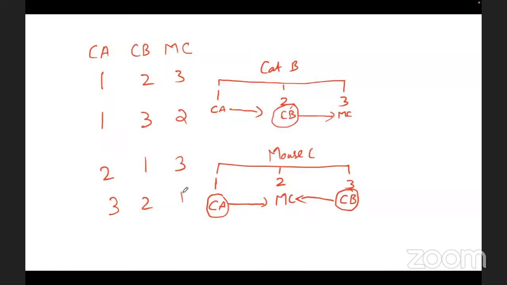Super. Three, two, one, cat B will win. Right. Exactly. So instead of doing it manually, how will you find the formula for this? Is there any other easier way to find the logic?